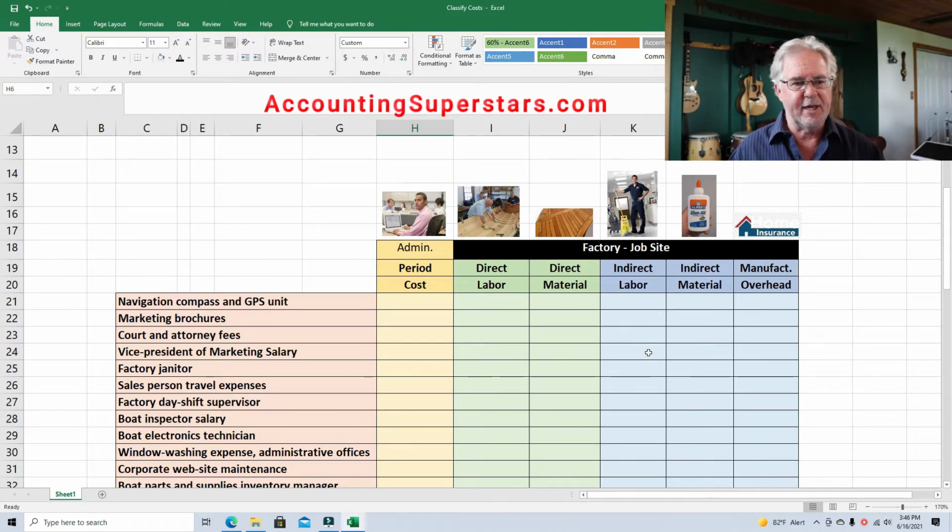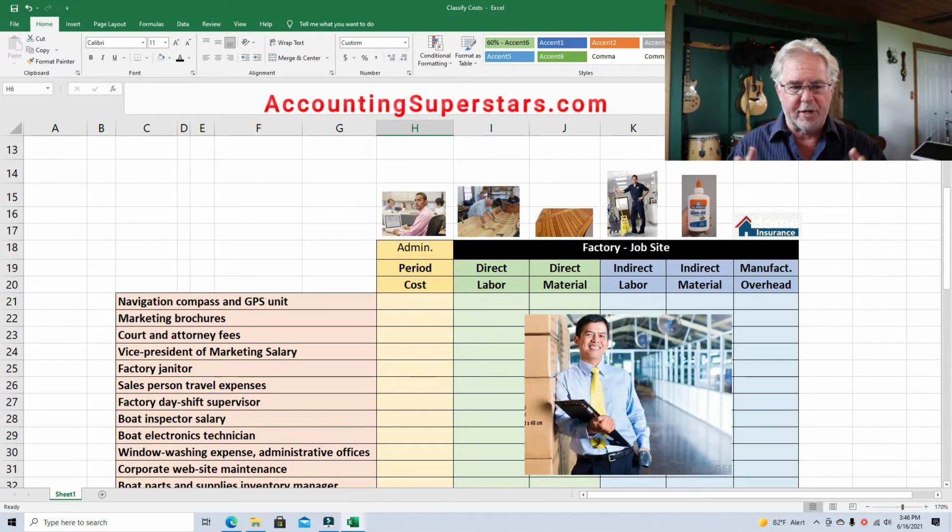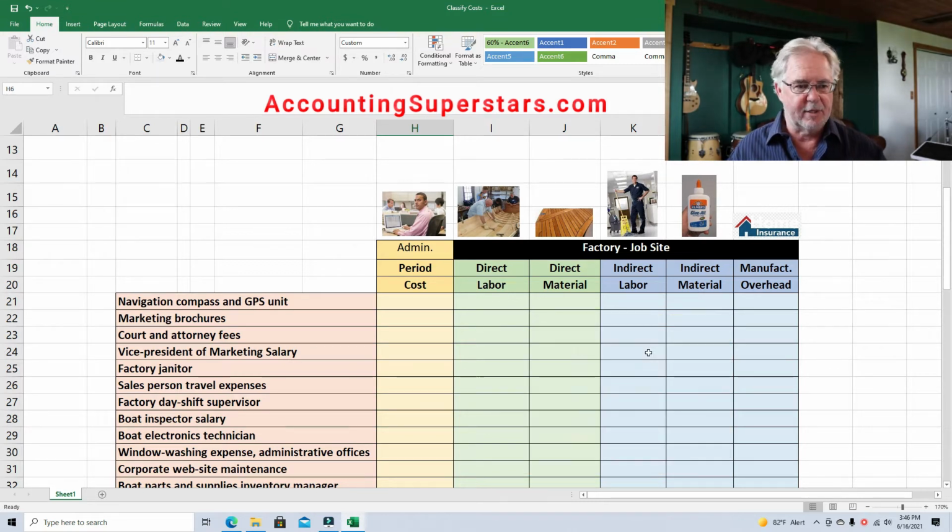Another person that does not directly work on the boats would be the shift supervisor. Another one would be boat inspectors. Boat inspectors don't actually build the boats. They just look to make sure that they're built correctly. That's all they do. Very important job, though. Indirect labor. So those are people that work in the factory, but they don't actually build the boats.